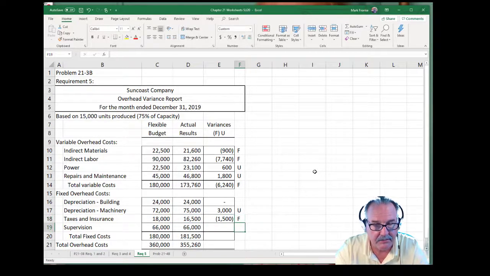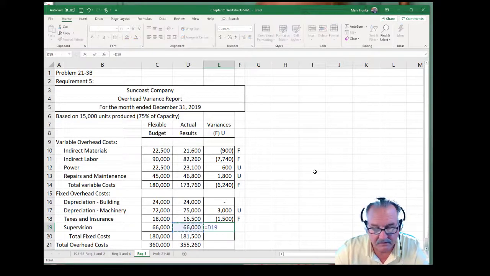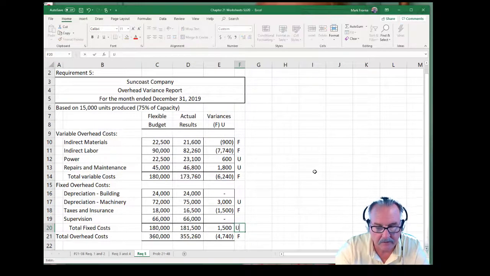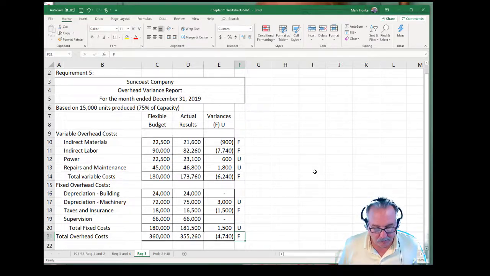That means we spent more than we expected. And so overall, sorry, this is wrong. We had a favorable variance.